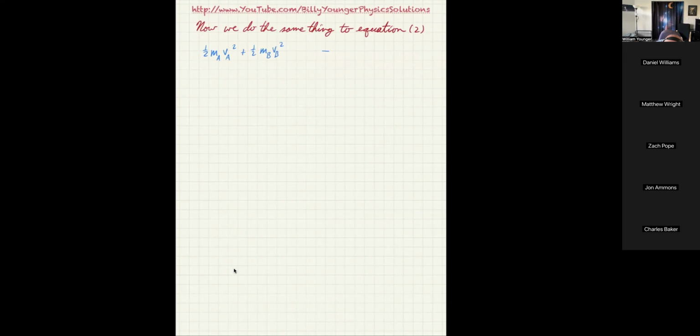I'm going to leave a space and say equals 1/2 MA VA prime squared plus 1/2 MB VB prime squared. What I'm going to do right now is multiply both sides by 2, and that'll get rid of the 1/2. And then I'm also going to do like I said before. I'm going to get all the VAs on one side and all the VBs on the other side.